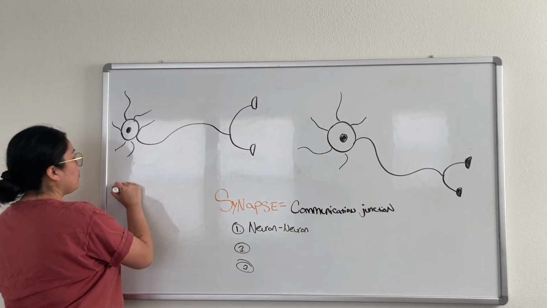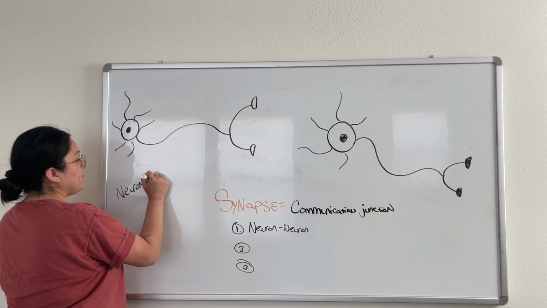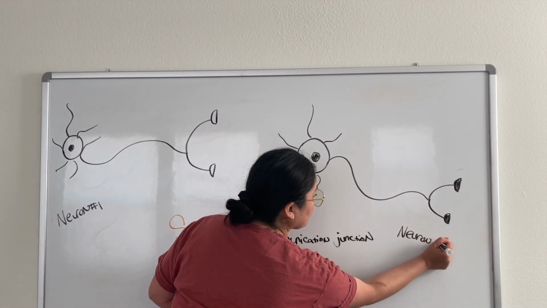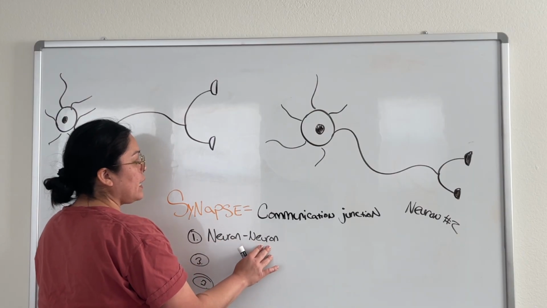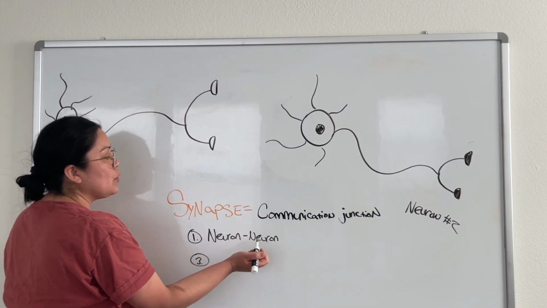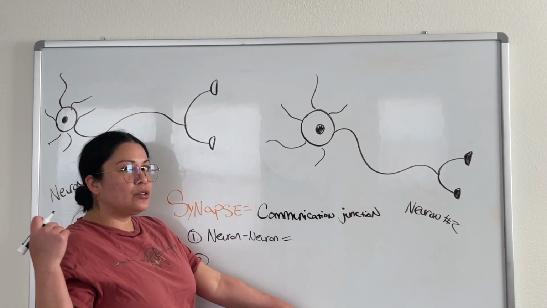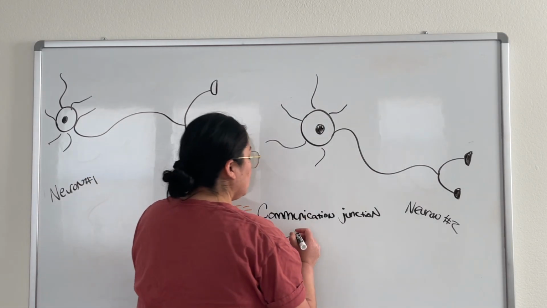We've got neuron number 1, and we've got neuron number 2 here. If an action potential happens between two neurons, what's going to happen? Well, that action potential is just going to travel past to the next cell.